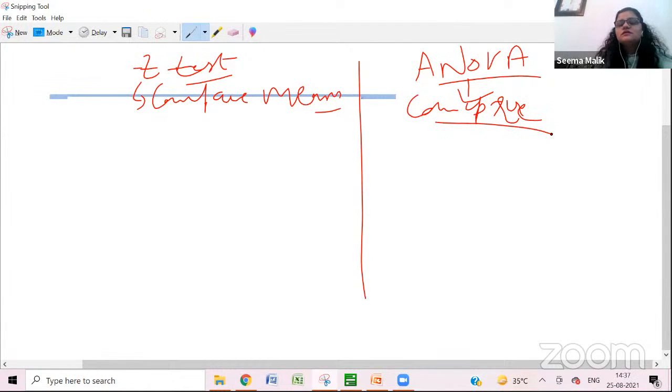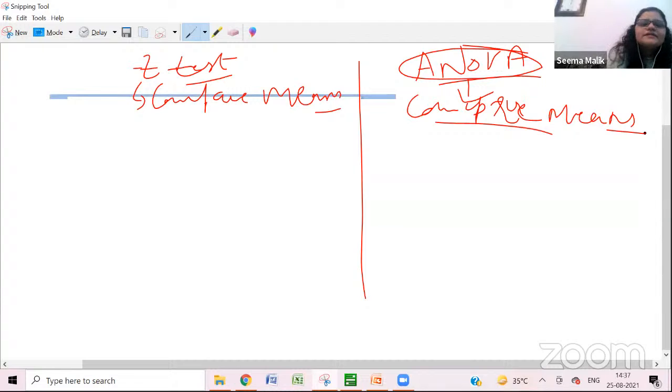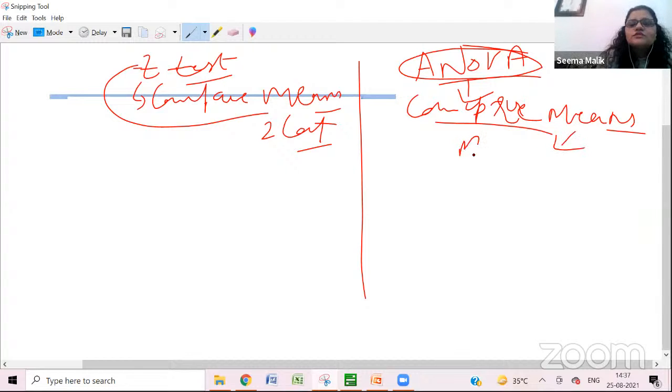They just have a look at the name, that is ANOVA. ANOVA means analysis of variance, and they say that ANOVA is used to compare the variances. No, ANOVA also compares means, but the t-test compares means of two categories, and ANOVA compares means of more than two categories.